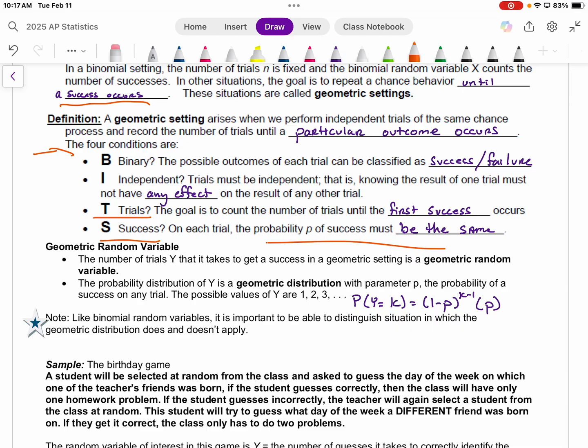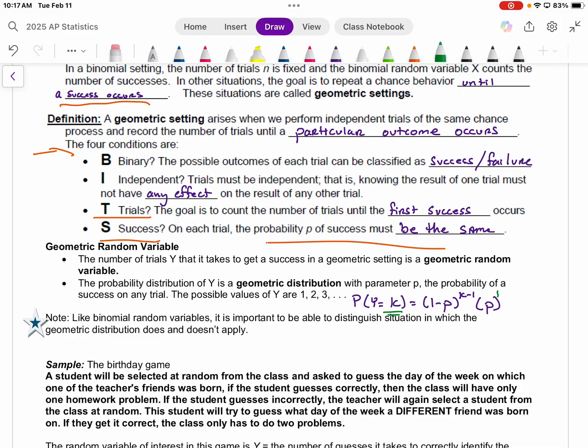Here is what the probability model is based off of. The probability that I get my success on whatever the kth trial is, we basically do 1 minus the probability of success raised to the k minus 1 power, times the probability of success. The probability of success, this one right here, always has a power of 1 on it. It's just one success, because we're looking at a bunch of failures, and then finally my first success.